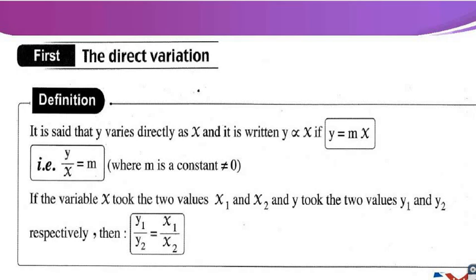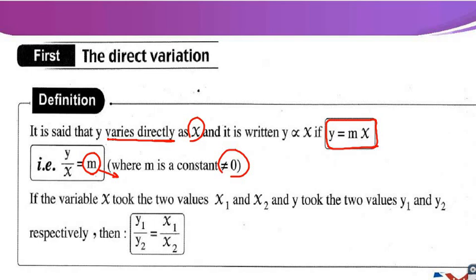Then it is said that y varies directly as x, and it is written y = mx. Then y over x equals m, and m is a constant not equal to 0.